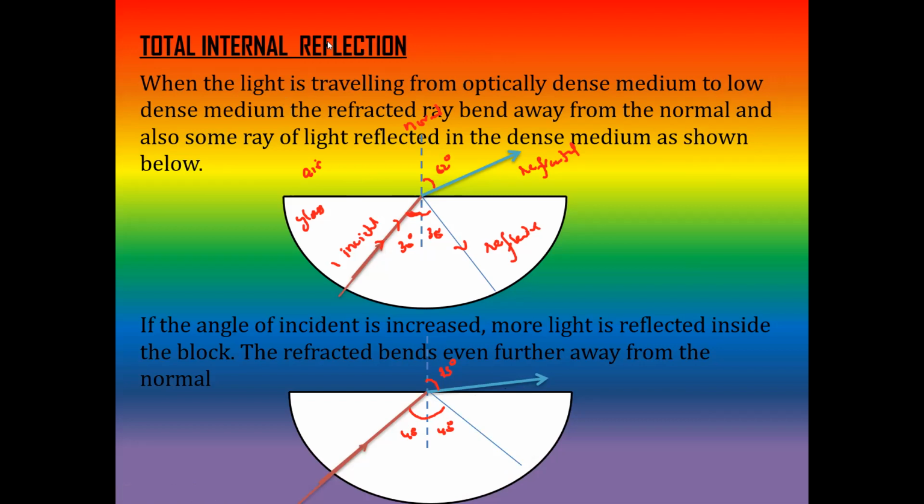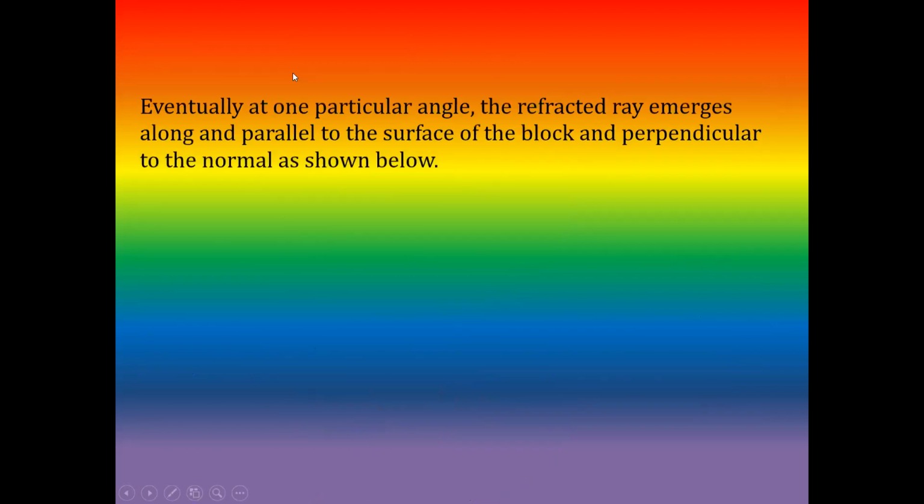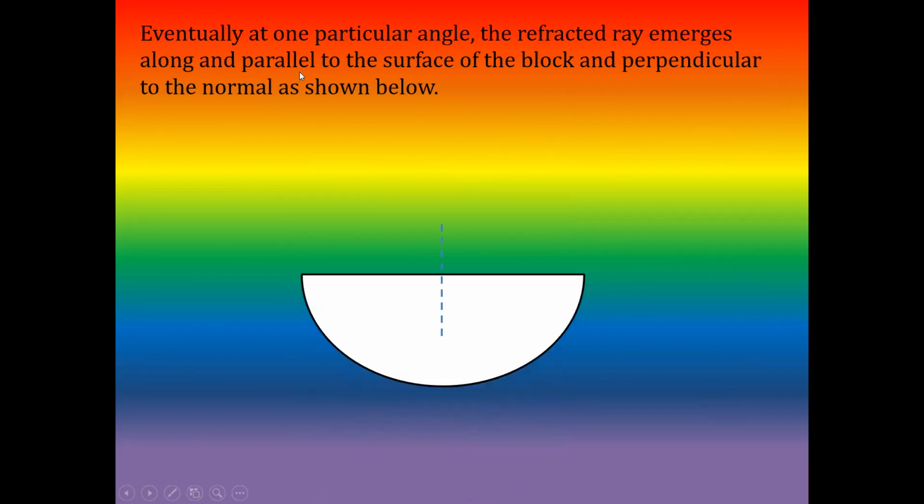What will happen if we further increase this angle? There will be a certain angle of incidence at which the refracted light travels at 90 degrees.